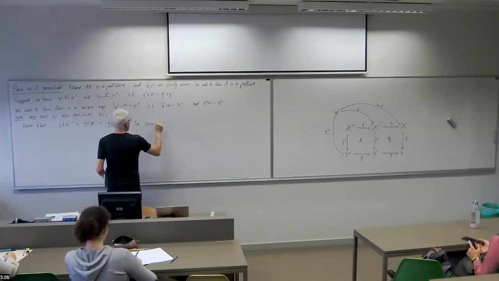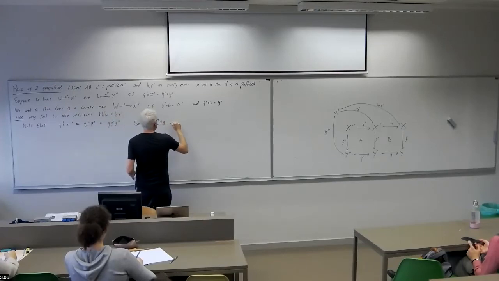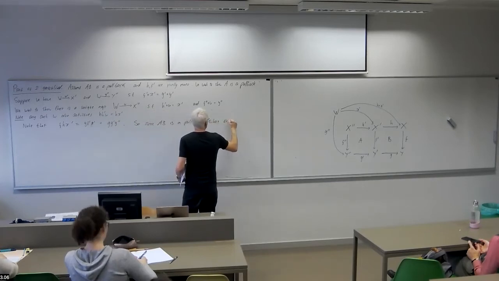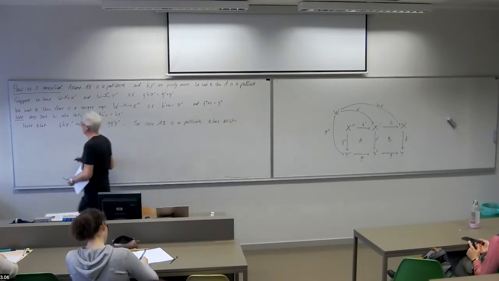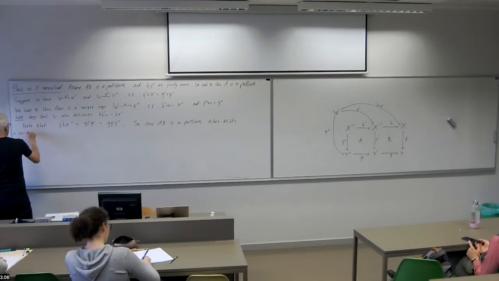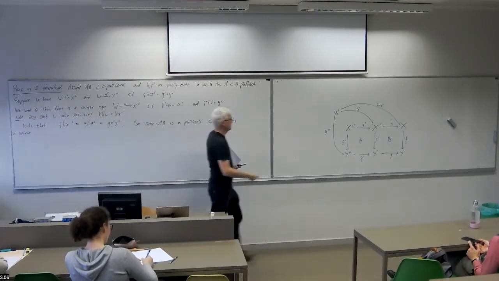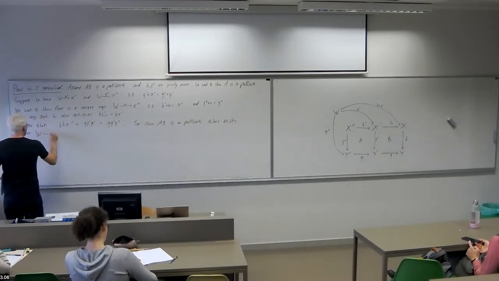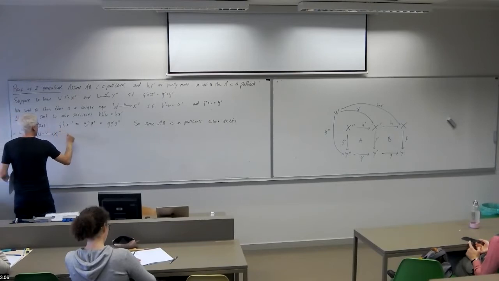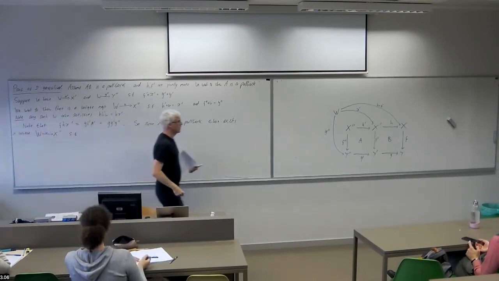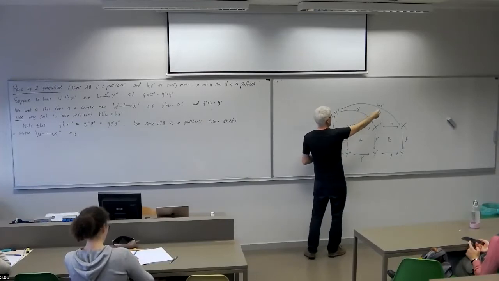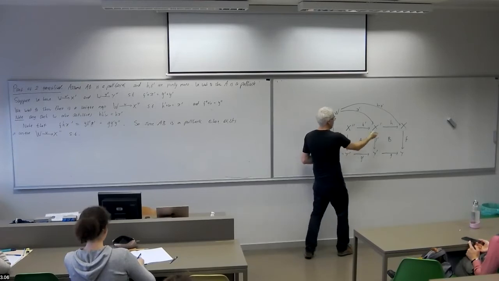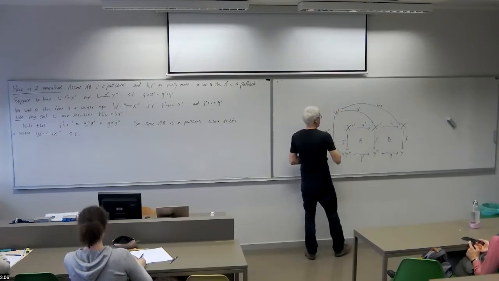So since AB is a pullback, there exists a unique map little w from W to X double prime such that it's a map of cones between the H composed with X prime and Y double prime cone to the H composed with H prime and F double prime cone.